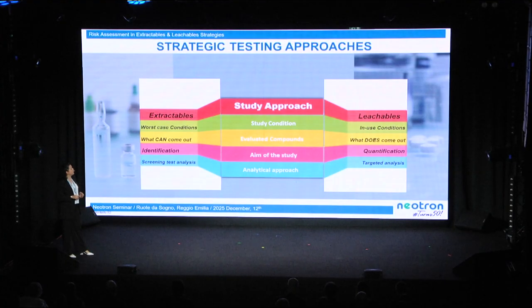For the evaluation of the compounds, in the extractable part, we have to know what came out because we don't know what we want to see. We don't know what we are searching for. While for the leachable part, we know what we are searching for because we have an extractable part that depicted as a framework.